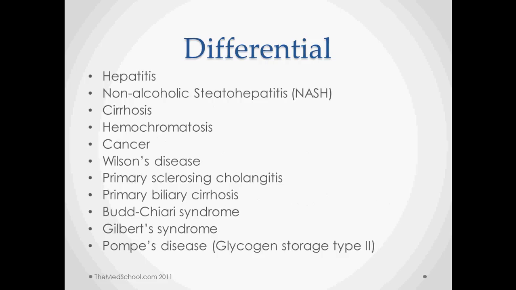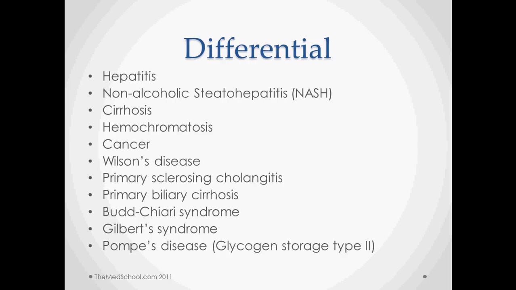So hepatitis, non-alcoholic steatohepatitis, often called NASH, just fatty liver. Usually that's going to be associated with obesity. Cirrhosis, often of alcoholic origin. Hemochromatosis, which of course is a buildup of iron. Cancer, Wilson's disease, a buildup of copper.